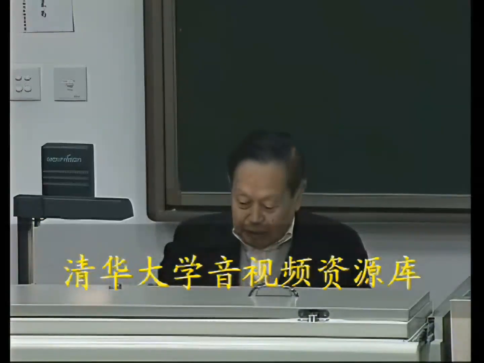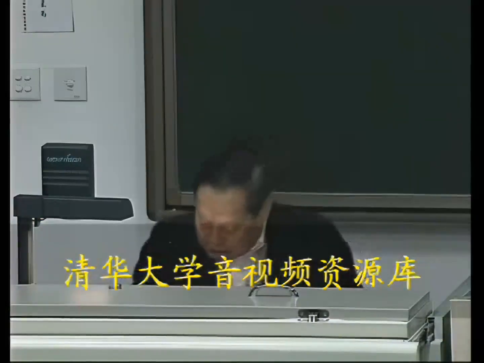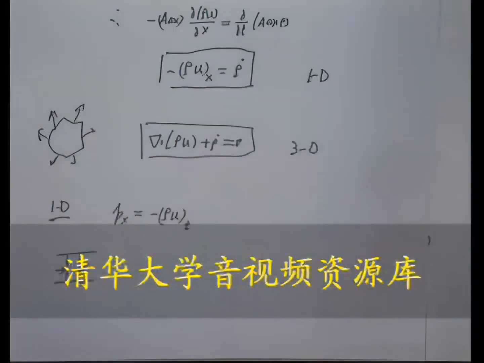But if the pressures are not the same, you have dp/dx. The left side is the pressure difference, the net force on the inside. The right side is the increase of momentum.